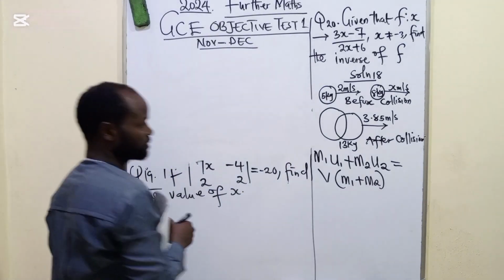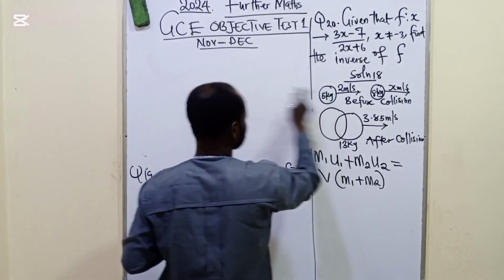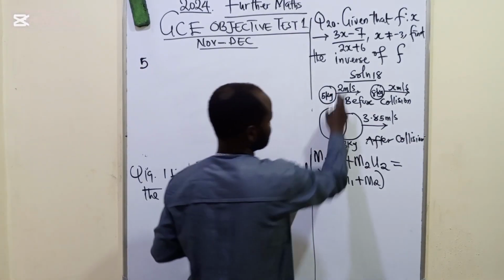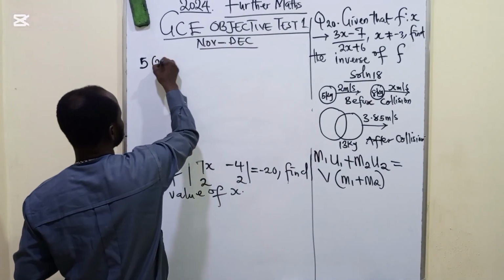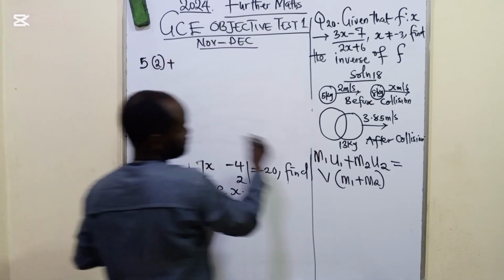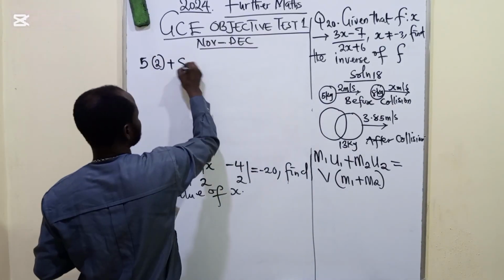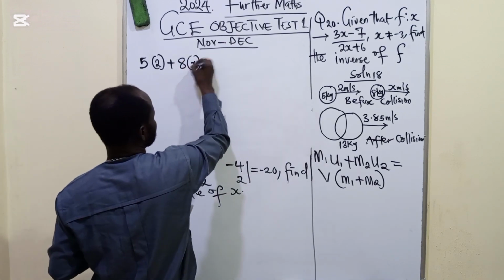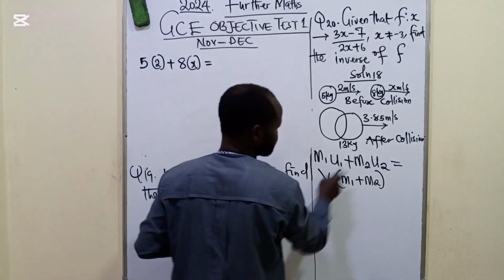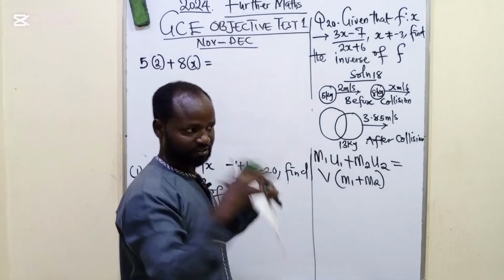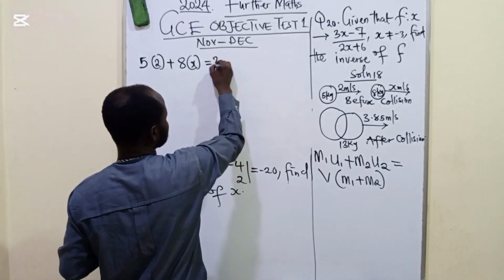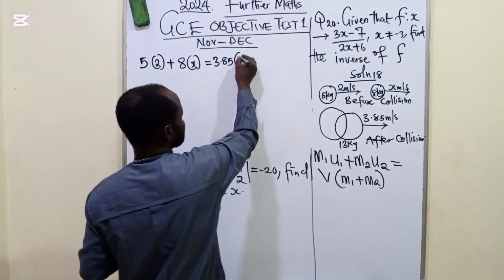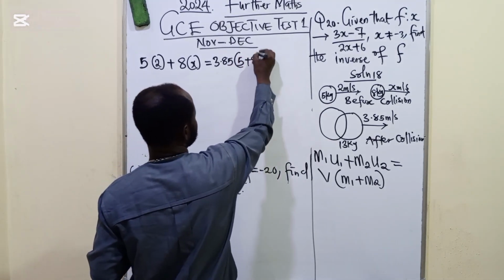Let's move to this point here so that we can have enough space. Let's substitute: m1 is 5, multiplied by the first speed, which is 2, plus m2, which is 8 kg, multiplied by the second speed x, equals their common velocity 3.85 after they collide, times the bracket 5 plus 8.